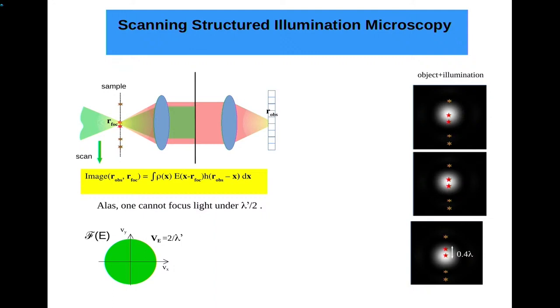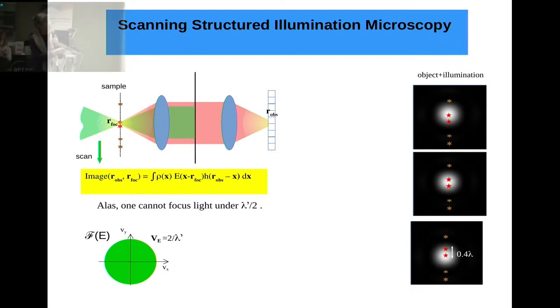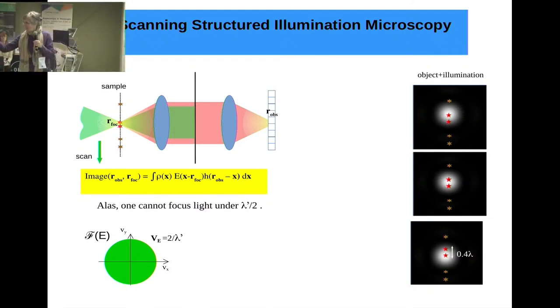So you see that I've changed a little the focus of my beam. In this case, I recall the image formation model. You have the intensity measured at r, which depends on the position of focalization of the beam, and which can be written as the fluorescence density times the illumination, which is always the same but translated, E of x minus r focus, and convolved with my point spread function.